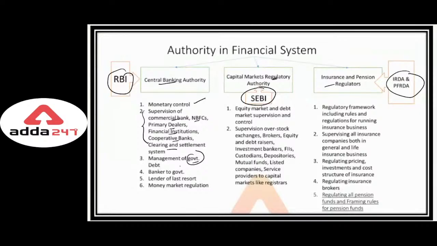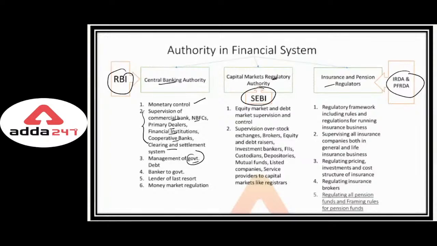If government of India requires a certain fund because of the mismatch of revenue and expenses, in that situation RBI will give loan to the government of India. And the maintenance of the funds of government of India will be done by Reserve Bank of India. So RBI works as an agent for government of India.